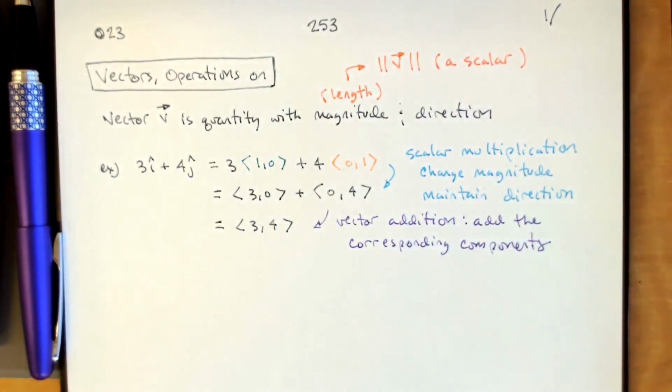So here we see how scalar multiplication works. Here we see how vector addition works. When we're looking at vectors, these are the operations that we perform.